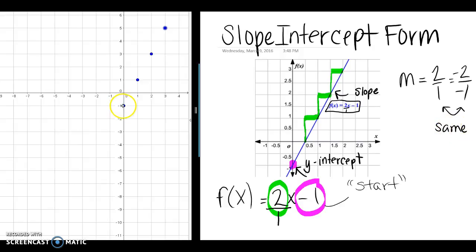So, therefore, we can come back here to our y-intercept, and we can go down 2, or in the negative direction 2, and in the negative direction 1, and get our other side of our line. I'm going to erase that.